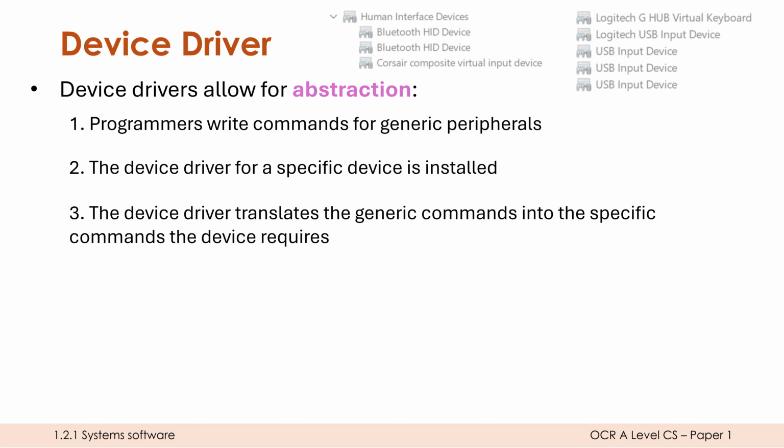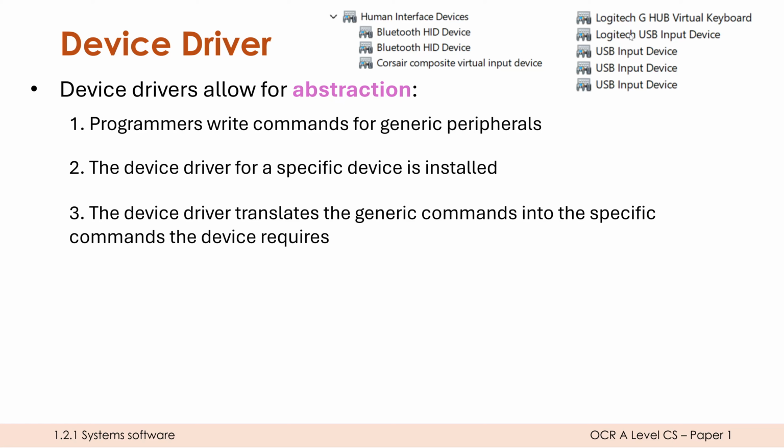A lot of peripherals work fine based on those generic commands. So here is a list of some of the drivers installed on my computer. And you can see some have got very generic, vague names. Clearly, whatever these things are, didn't need a fancy driver. They just used the default one which Windows had. But I've got a couple of Logitech things. I've got a mouse, I've got a keyboard, which is Corsair.